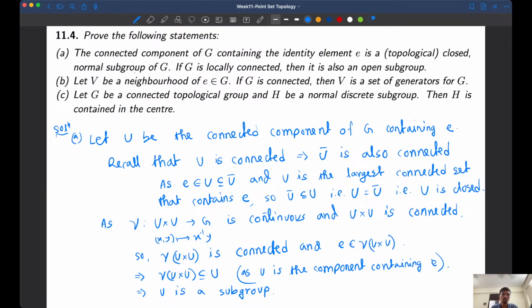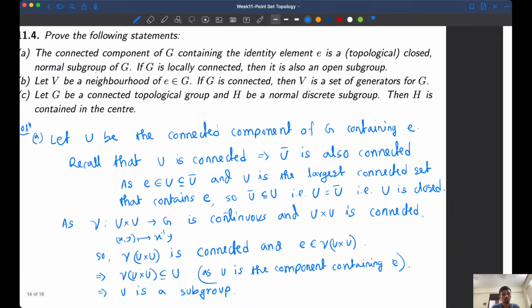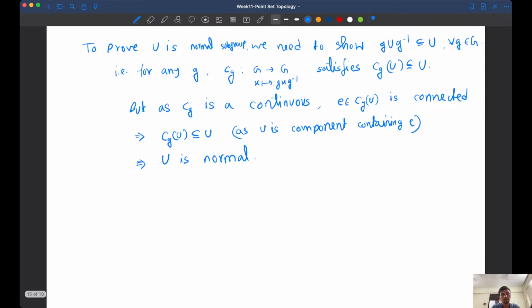Now if G is locally connected, so second part. G is locally connected means if I pick any point from G, and any neighborhood of that point, then there is some connected neighborhood that is contained inside that chosen neighborhood, right? So that is locally connected.